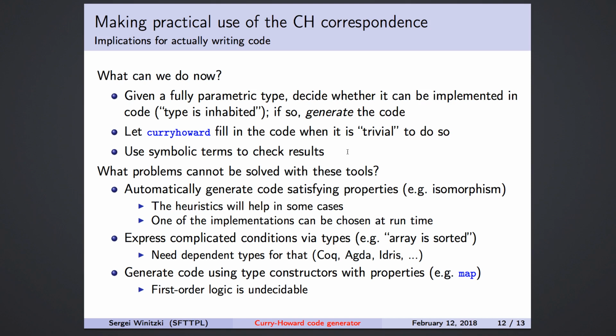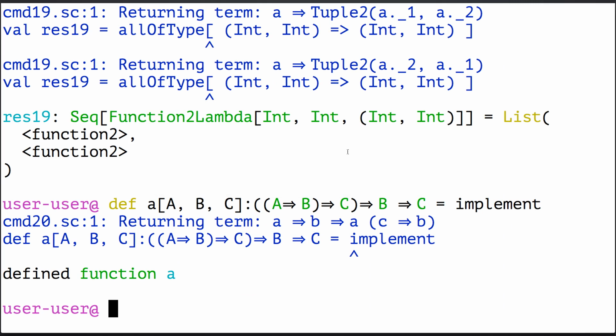When it is trivial to implement, right? Let me give you a trivial function to implement with two parameters, which has type A going to B, going to A, going to A. I'm already missing some parentheses here, right?